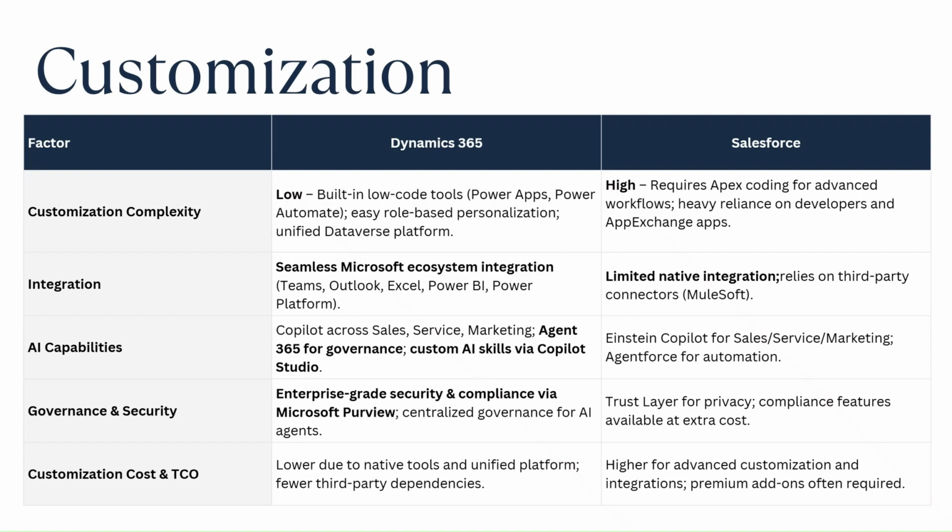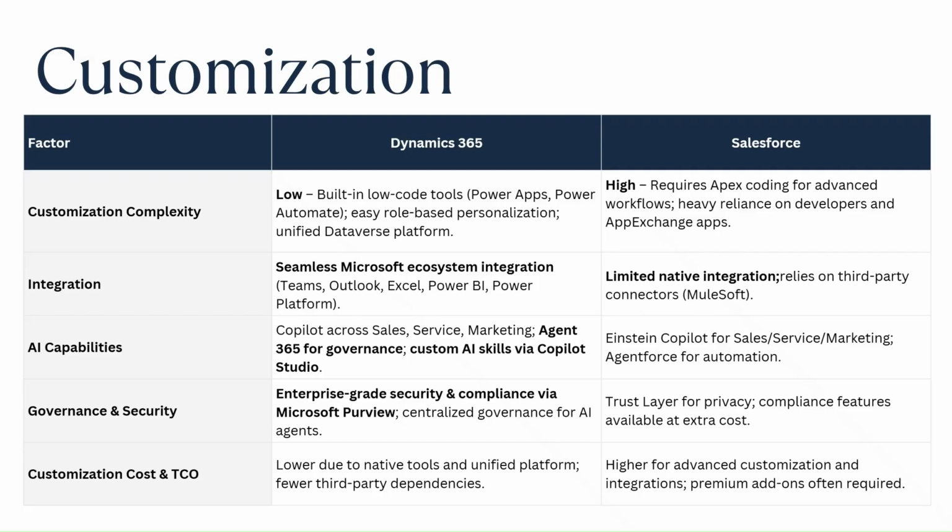And both platforms are investing in AI capabilities. Dynamics 365 provides Copilot across all modules, Agent 365 for governance, and the ability to build custom AI skills using Copilot Studio. Governance and security are also key differentiators. Salesforce offers Einstein for sales, service, and marketing, as well as Agentforce for automation.